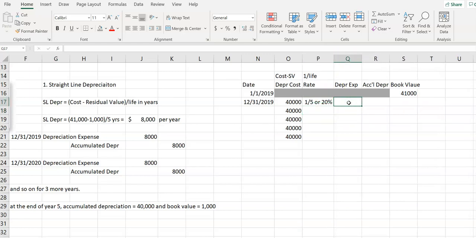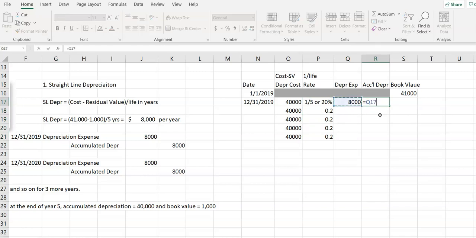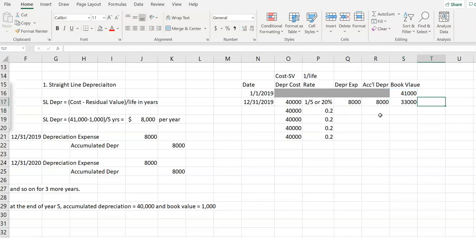Then you would multiply, so it equals the 40,000 times the 20%. And that rate stays the same every year. It doesn't change. Then accumulated depreciation is going to add up each year. So for the first year, it's just what you did in the first year. And then my book value is my cost minus accumulated depreciation.